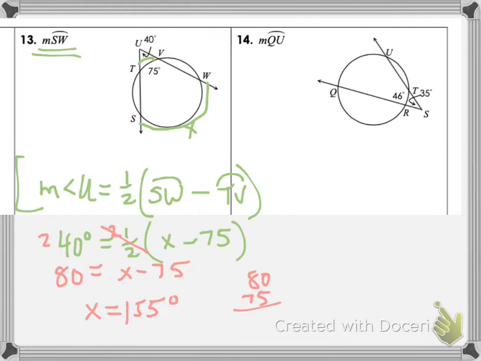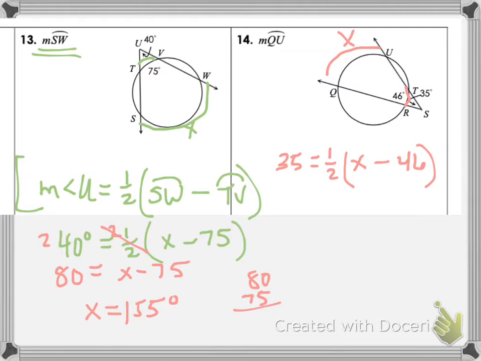Okay, on this one, this angle will be half of QU minus TR. So 35 degrees is going to be 1/2 the difference of QU, which I'll call X, minus this little arc TR, which is 46.